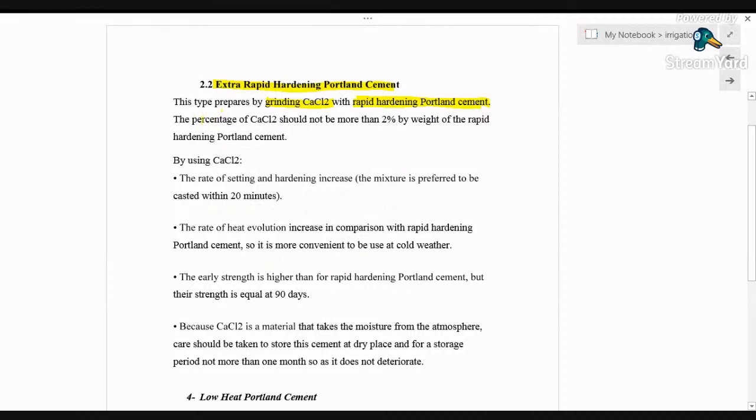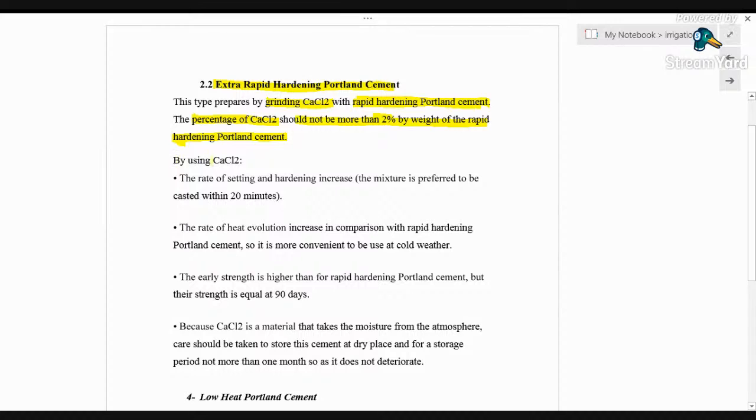And what is the percentage of calcium chloride generally used? It should not be more than 2% by weight of the rapid hardening Portland cement. So why are we adding calcium chloride into the rapid hardening cement?